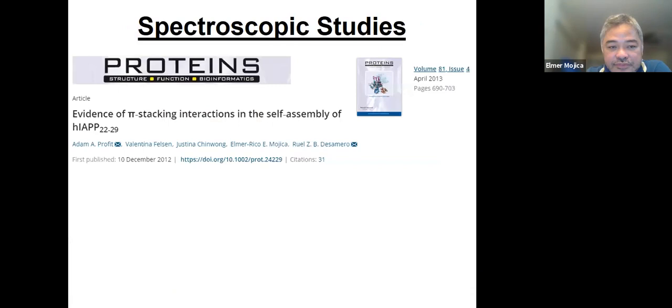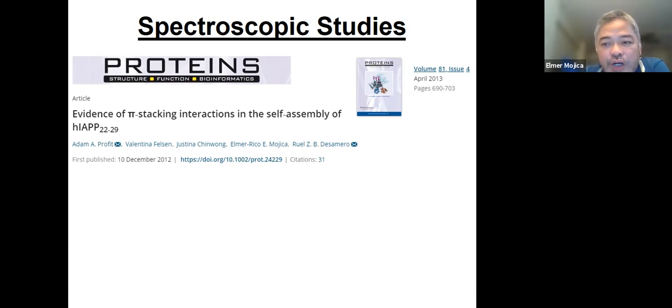So one of the studies that we did there is looking at the interaction of this so-called amyloidogenic protein. So what we're trying to do is understand why some protein folds. And protein folding is associated to the so-called degenerative diseases like Parkinson's, Alzheimer's, and even diabetes.